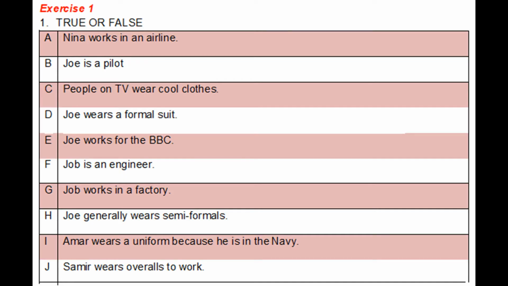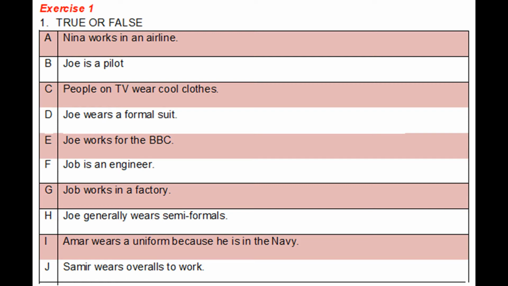Hello, I'm Joe. Hi Joe, I'm Nina. Nice to meet you. Nice to meet you too, Nina. What do you do? I work in an airline. Oh, really? Are you a flight attendant? No, I'm not. Actually, I'm a pilot. I fly the Boeing 747. What about you? I'm an anchor person. I work for BBC. I read the 9 o'clock news. That's a great job. People on TV wear really nice clothes. What do you wear to work? A formal suit.